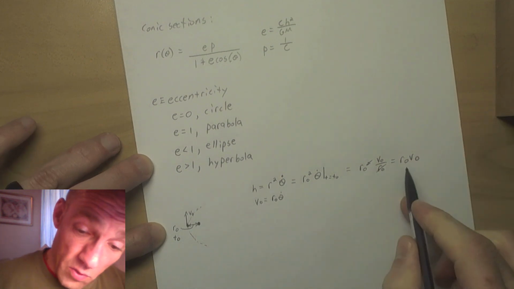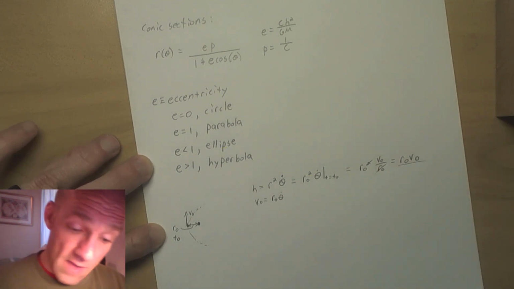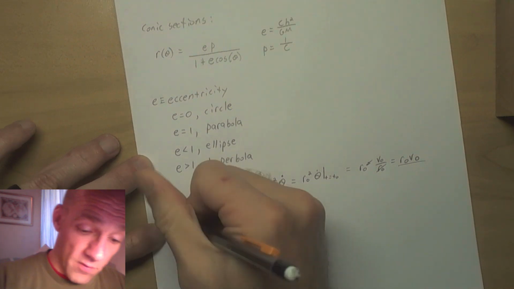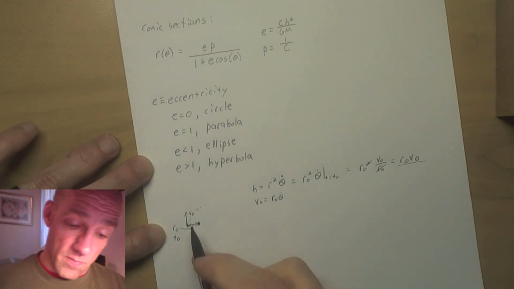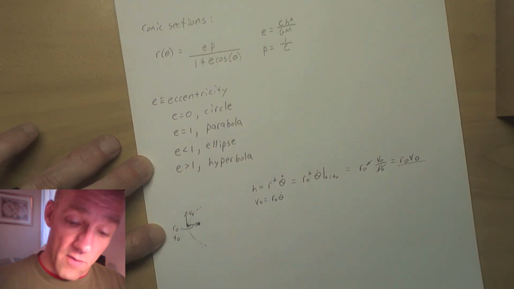So H is equal to this product here, evaluated at this point, the point of closest approach to the heavy body.